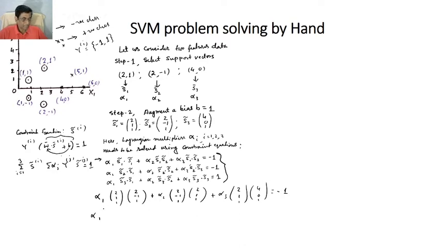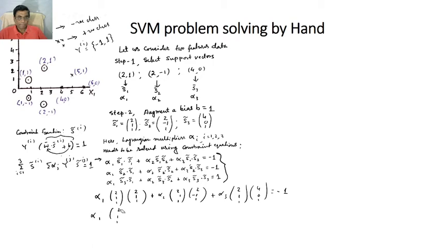Similarly, alpha 1, S1 dot S1, for avoiding confusion, it should be like this: S1, S2, S1, S3.